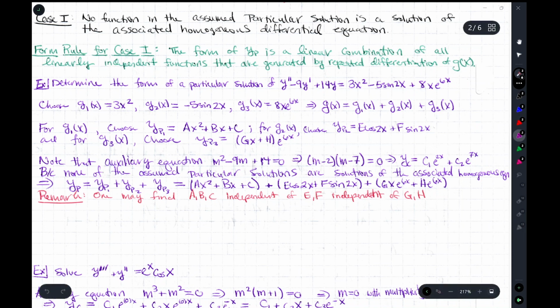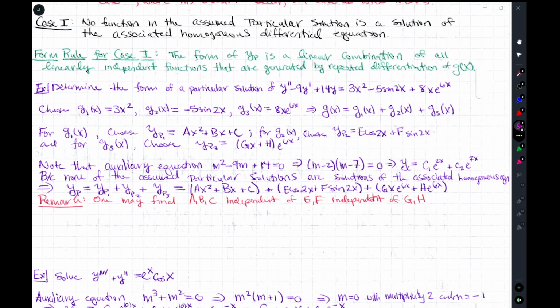And just to make that point clearer, here's what I mean by that. So, for example, you could just solve y double prime minus 9y prime and then just take yp1 and plug it into the differential equation and match terms as we've done in the previous example, and then do the same thing with the other terms.